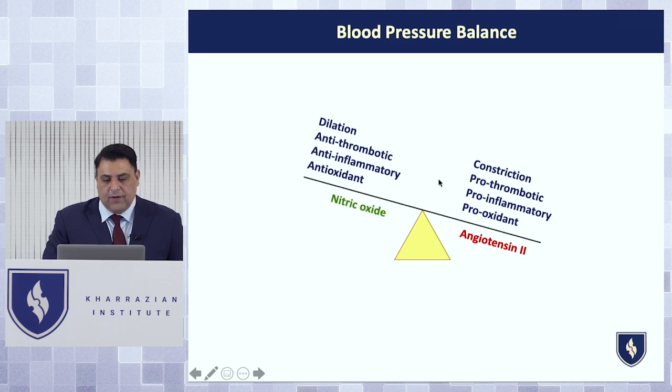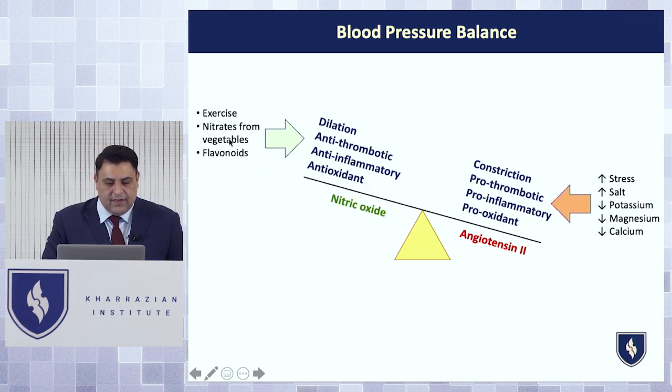And if you have someone who has greater angiotensin II, they're also at more risk for constriction, prothrombotic activity, pro-inflammatory activity, pro-oxidant activity, all the things that lead to vascular disease. And the nitric oxide pathways are there for dilation and anti-clotting mechanisms, anti-inflammation pathways, antioxidant pathways.